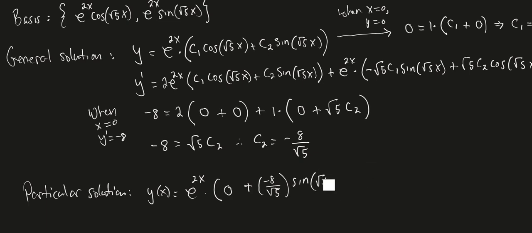The x is not under the root, that's for sure. That's a whole other situation. So we end up having root 5 times x. So then this simplifies to, I'll put the coefficient first, the negative 8 over the square root of 5. Then I'll put the e, and then I'll put the sine function. So here's our particular solution to this initial value problem, right? And there you have it.